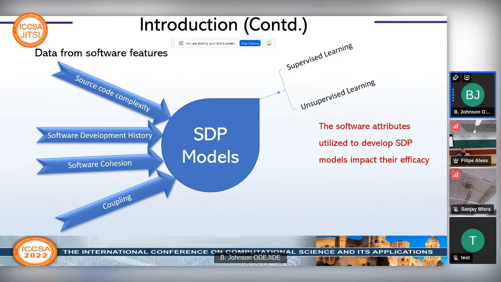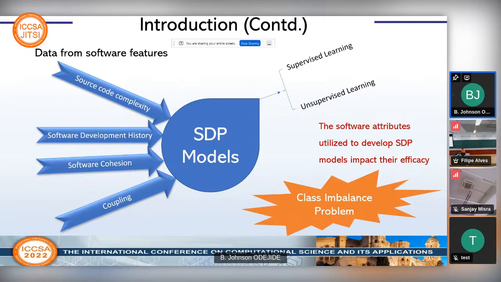By default, these software attributes are often skewed, which is what we refer to as class imbalance, and it has been a problem that researchers have been investigating for over a decade now.